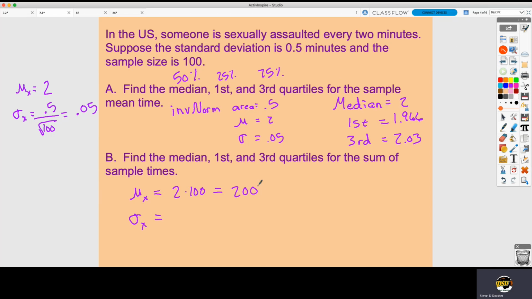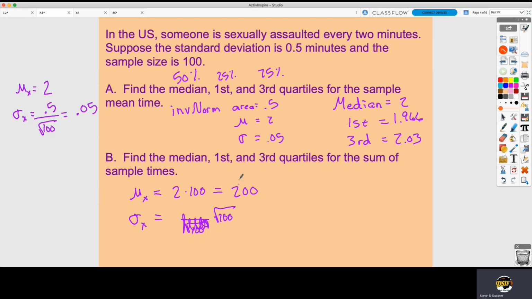All right, for our standard deviation, how does that change? The square root of the sample size, which is 100, what goes on top? I wrote it differently on purpose, to make sure you guys got it.